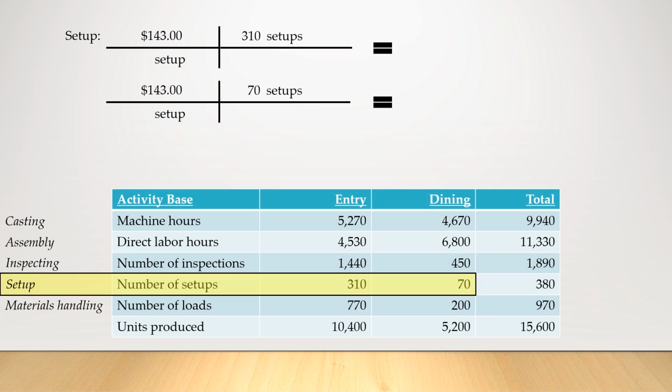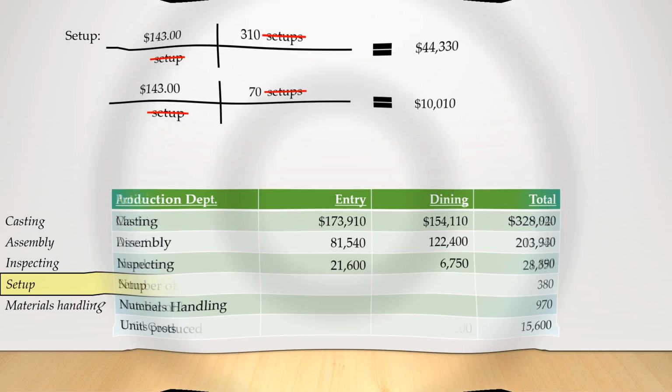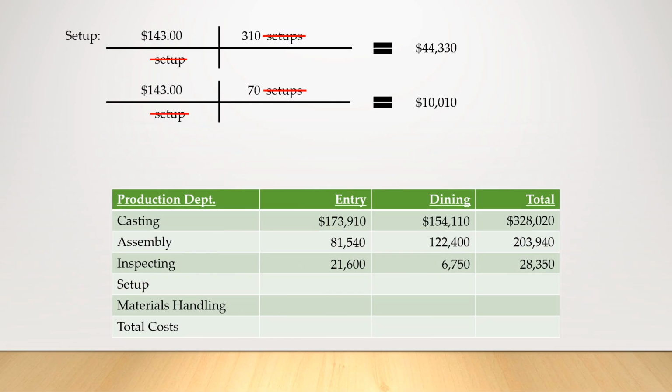The total setup cost for entryway fixtures is $44,330. Total setup cost for dining room fixtures is $10,010. Total setup cost, $54,340.